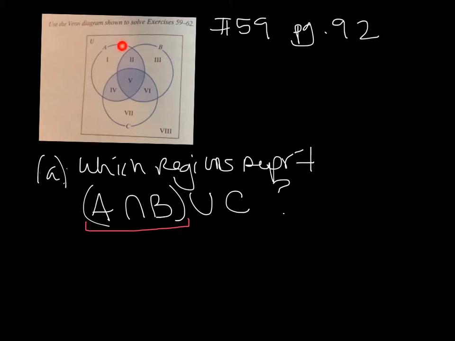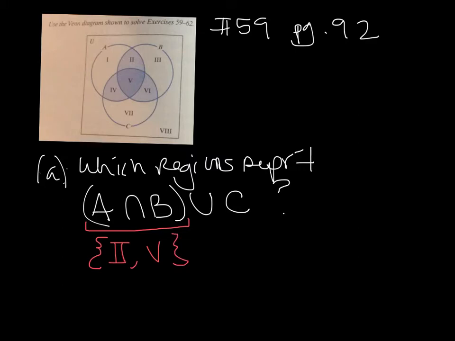If we look at set A and set B, the intersection is this piece right here. And so that intersection, we have Roman numeral 2 and 5. So I know that this set is really 2 and 5.